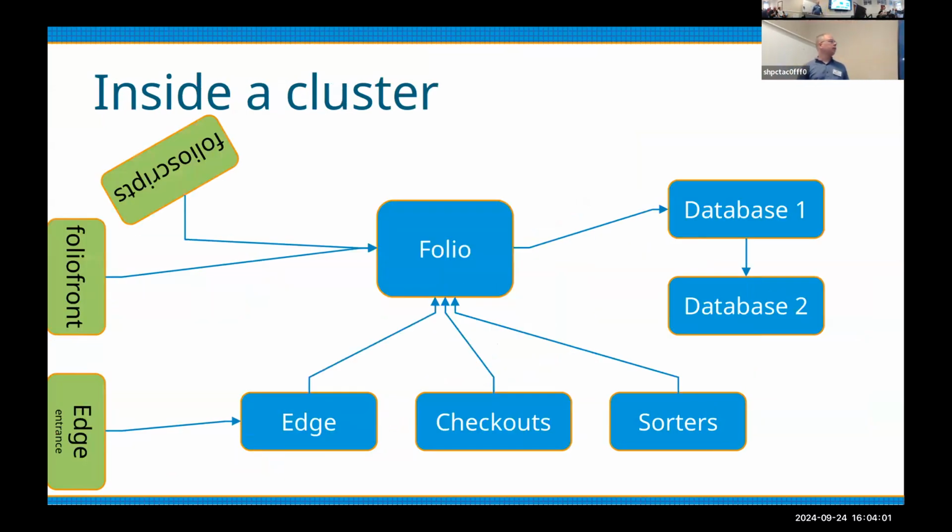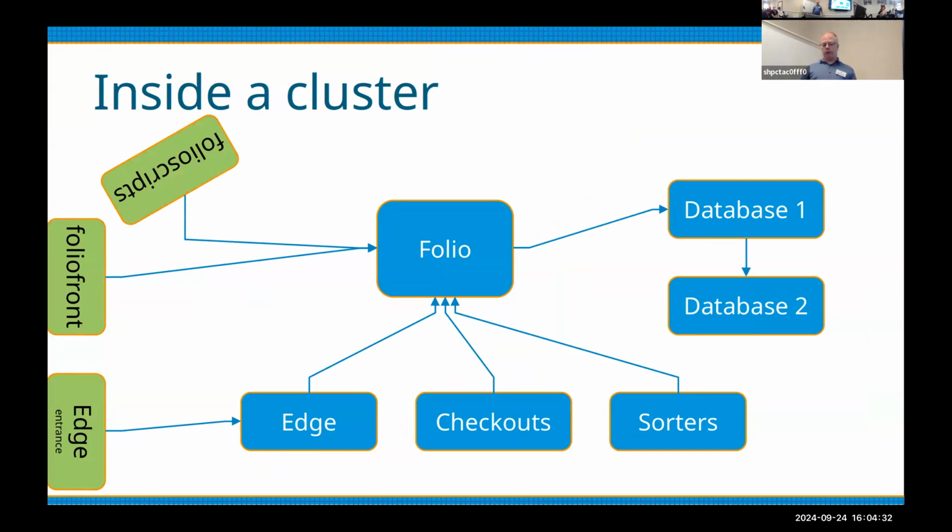And each of these clusters looks like this. We have a large FOLIO node with around 100 gigabytes of memory, and that runs all the FOLIO modules. They are connected to 2 database nodes. And then we have a few edge nodes. The one named edge is for communication outside of the university mostly.